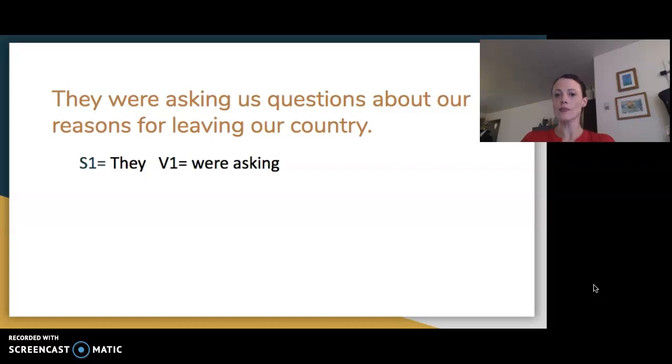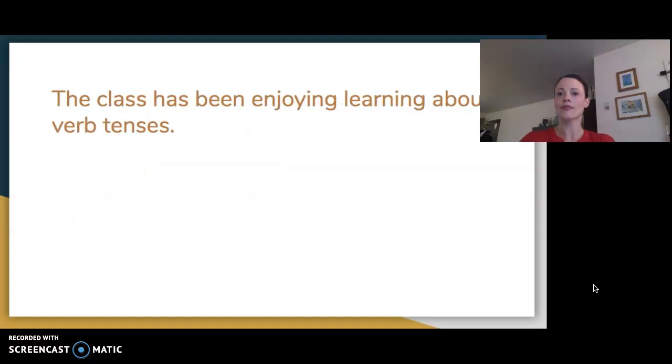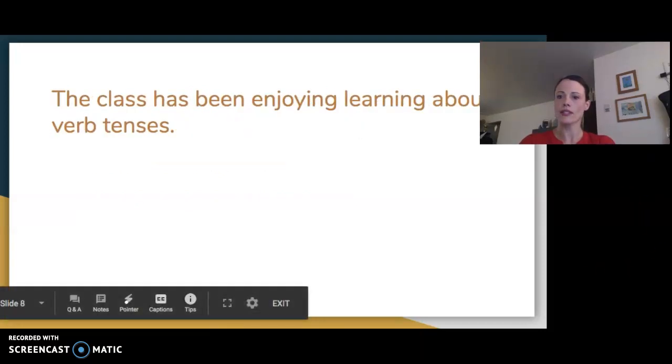All the rest of that is a bunch of prepositional phrases. About our reasons is a prepositional phrase, and for leaving our country. Do you see any gerunds? Yes, we have leaving, which is coming after a preposition.